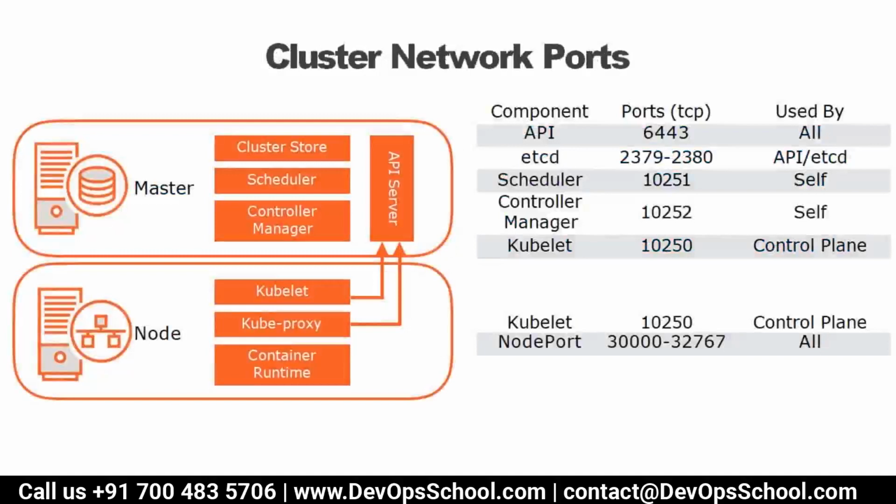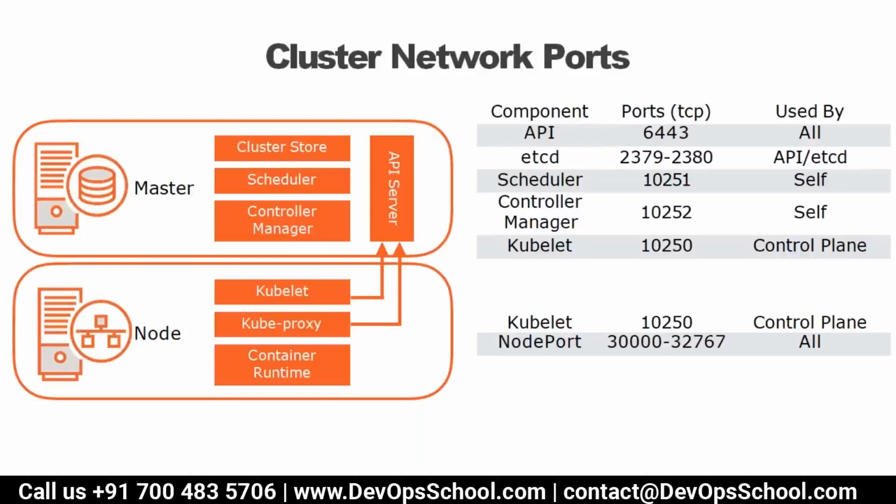Now, what ports should be available? Look at these slides to get an idea of what should be open and what should not. In the master you have the API server, which runs on port 6443 TCP, used by all. etcd is again used by the API server, which we have discussed a lot.